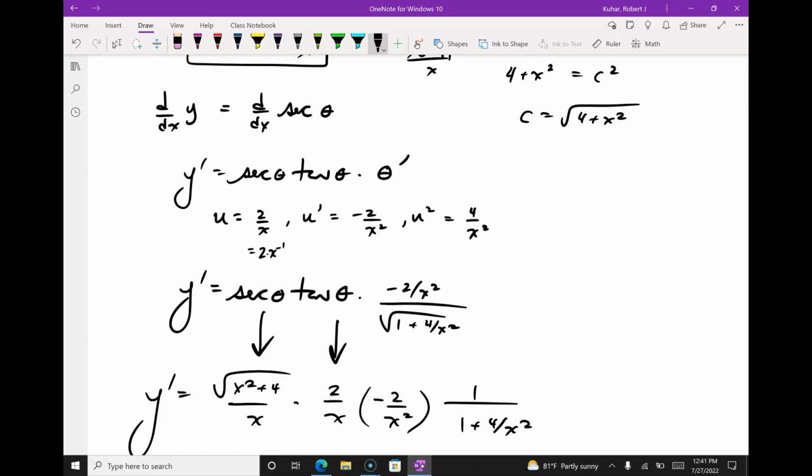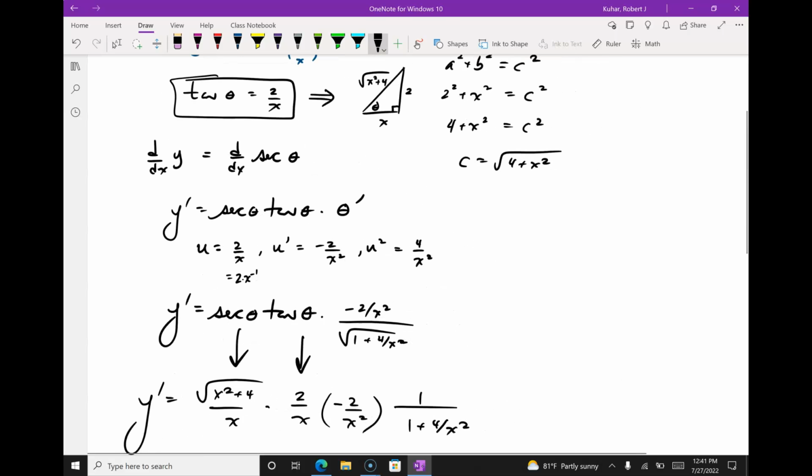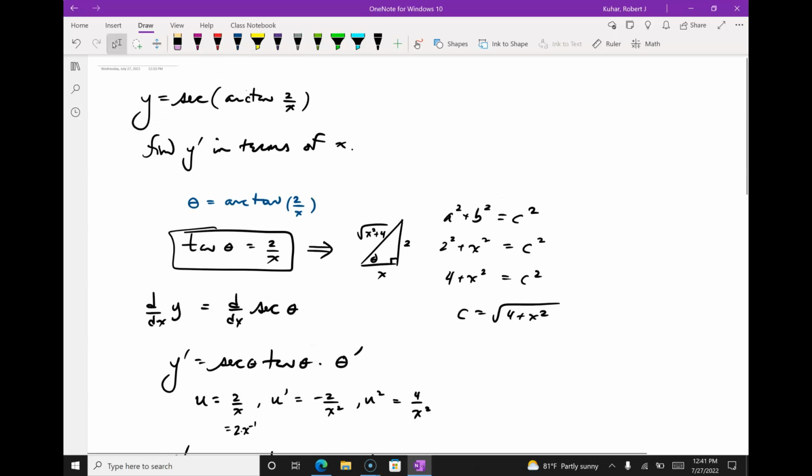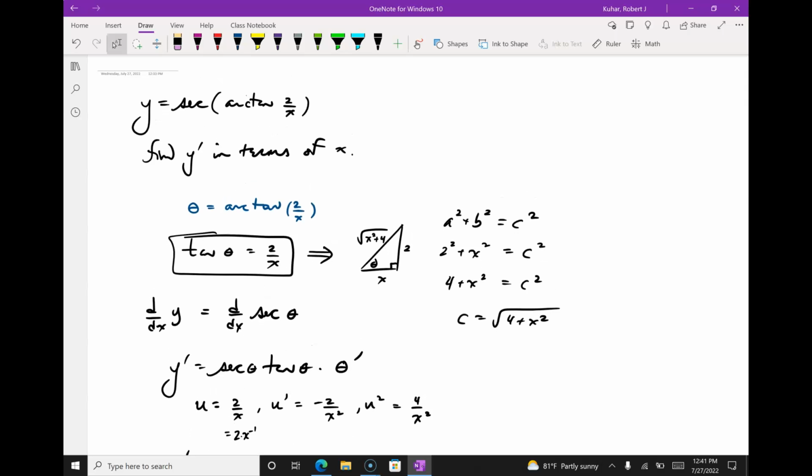Nice. Yes, question? You don't want to do the derivative of secant or tan? Well, no, I do need the derivative of the outside function in this case, which is secant. Then I need the derivative of the inside function, which is inverse tangent.